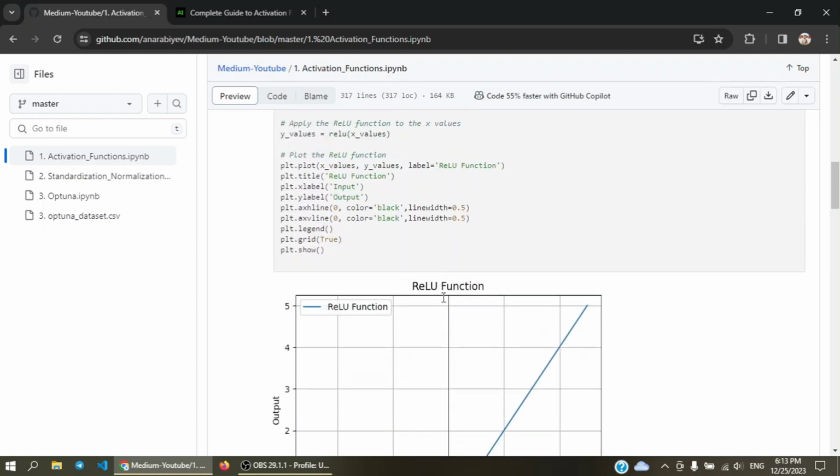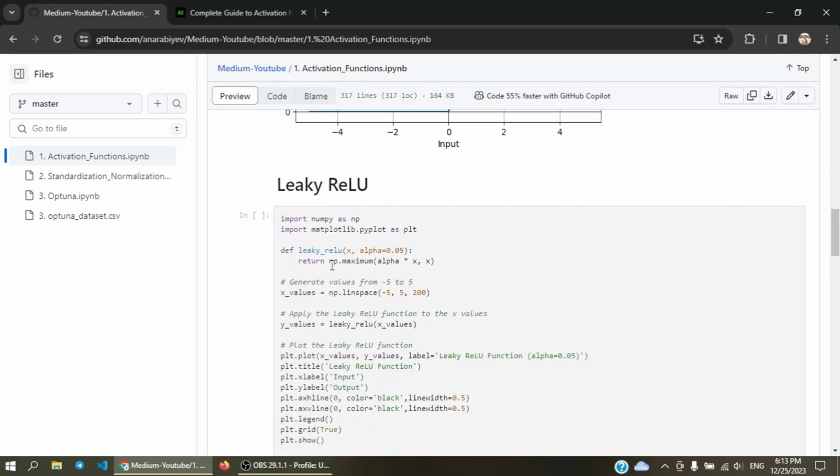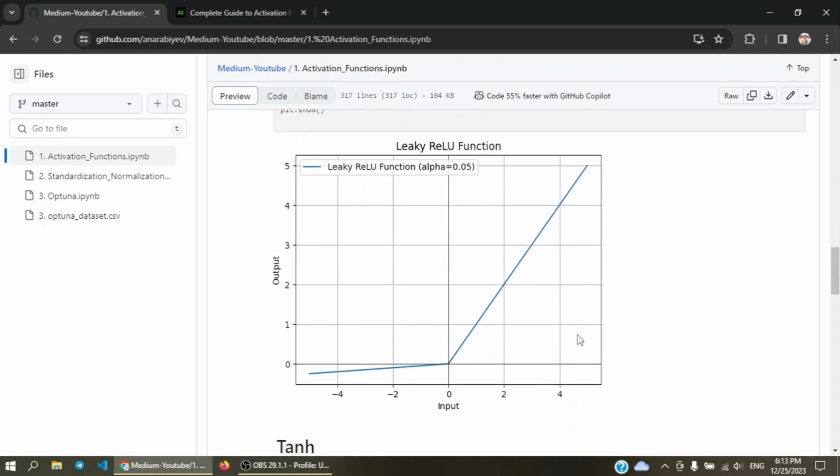Let's specify the difference. As you can see here, it's 0 and x, but in Leaky ReLU it's alpha times x and x. Again, we have the graph, and with the alpha value, the slope here changes.